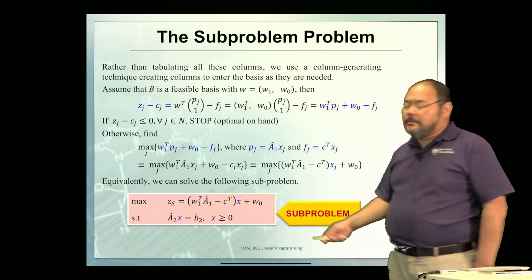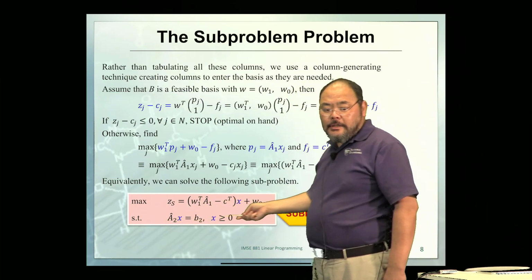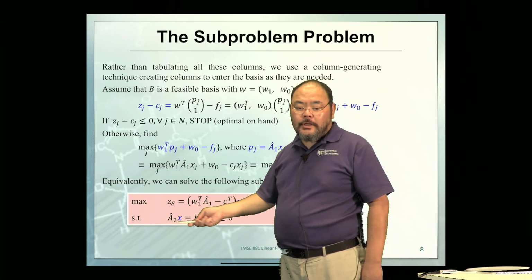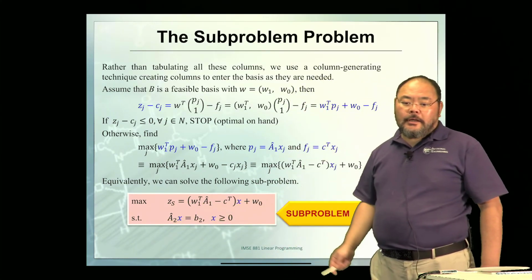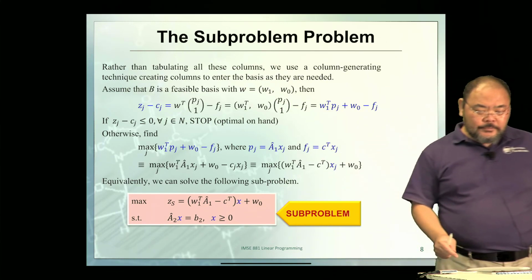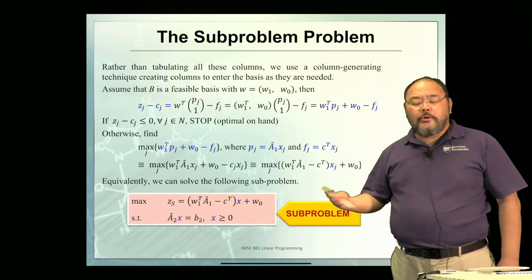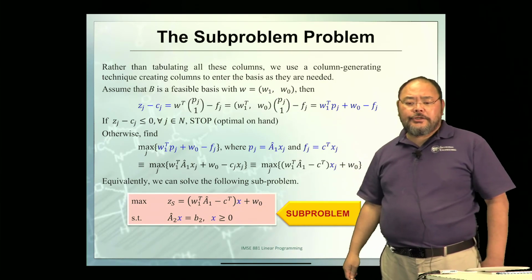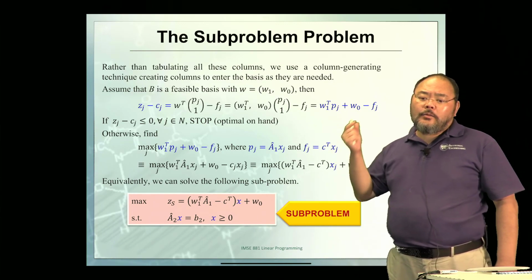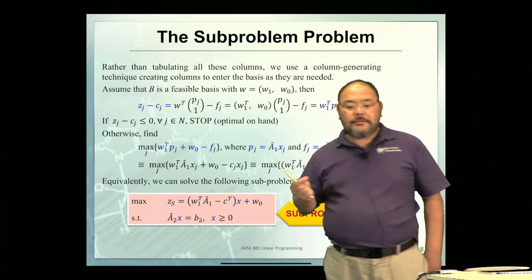And of course, for the subproblem, I'm going to focus on the easier constraint, A2 hat times x equals B2, and x is still non-negative. So every time we solve the subproblem, we find the maximum of those zj minus cj, and we pick one of the extreme points as the one entering the basis.